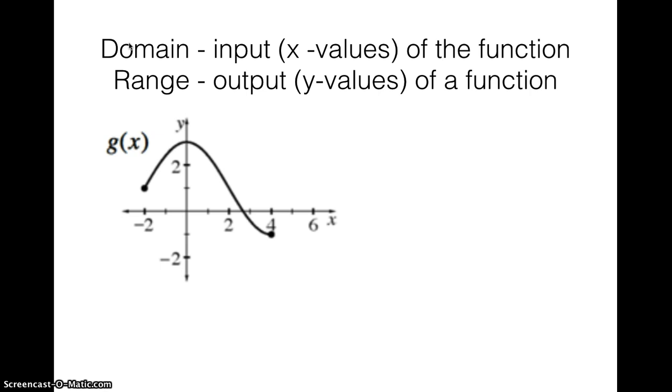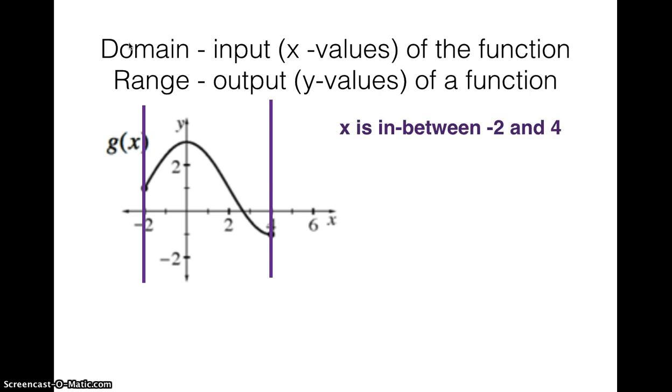The easiest way to get this done is to draw some vertical lines on the left point and the right point. So what this helps me visualize is the possible values for x. And I can see that all my x values are going to be between -2 and +4.